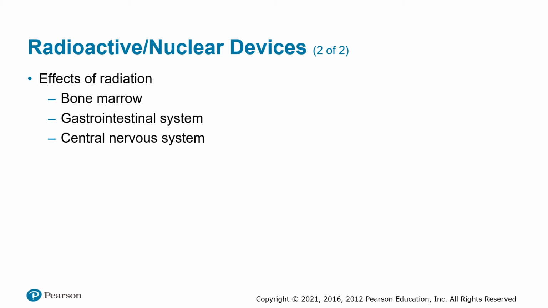The GI system, you're going to have GI upset, so nausea, vomiting, diarrhea, all those things. And then the central nervous system as well. Your parasympathetic nervous system is going to go haywire and give you all the signs and symptoms of a nerve agent.